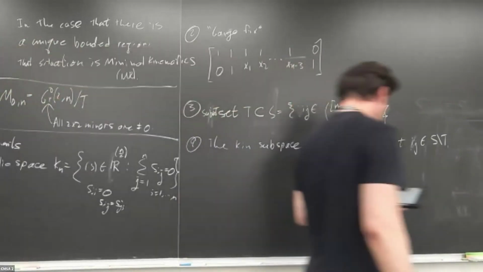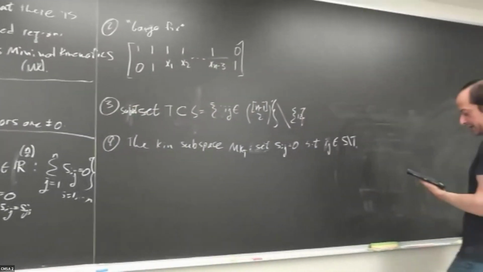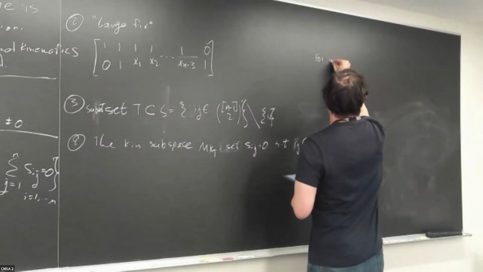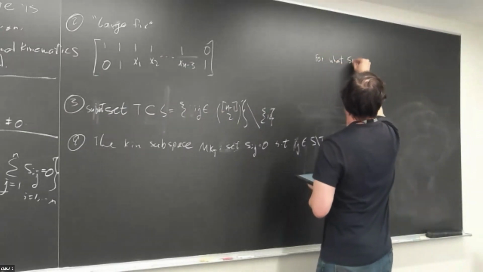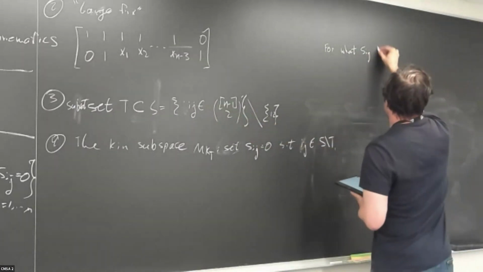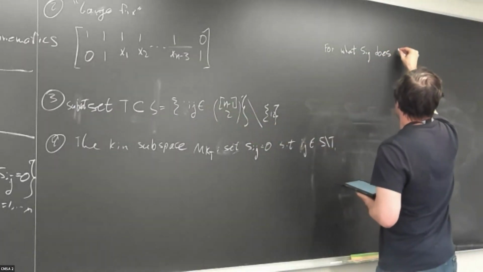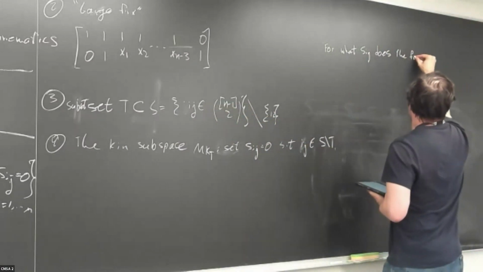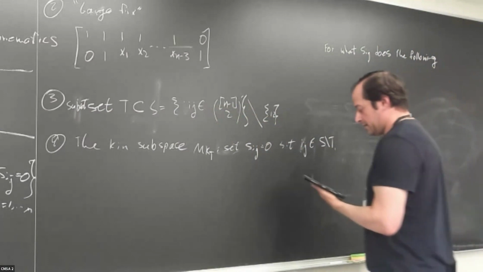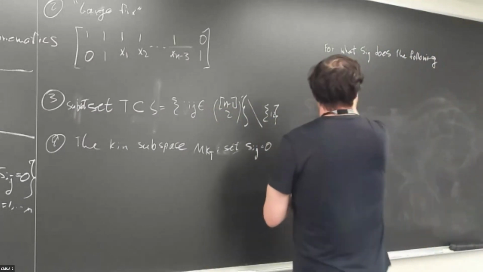Yes. Okay, so minimal kinematics asks the question: for what subsets T does the following hyperplane arrangement have a unique bounded chamber?